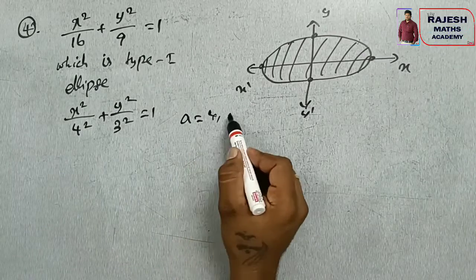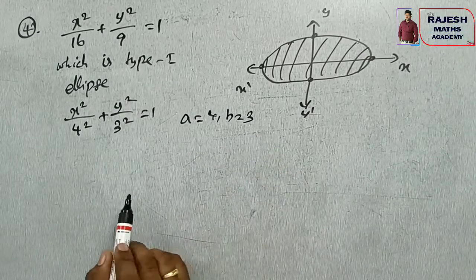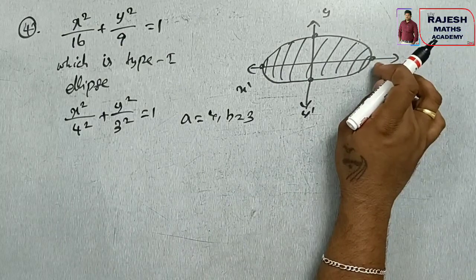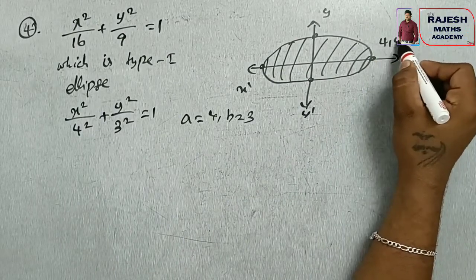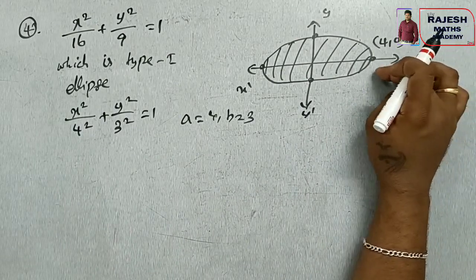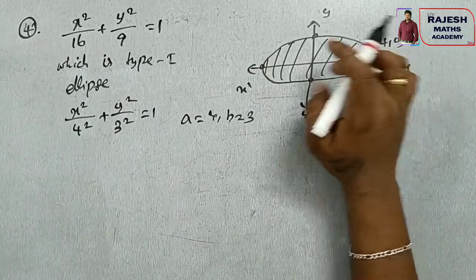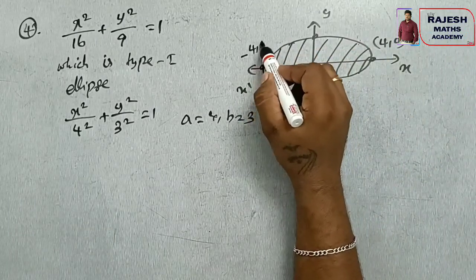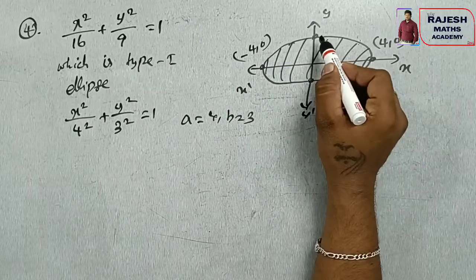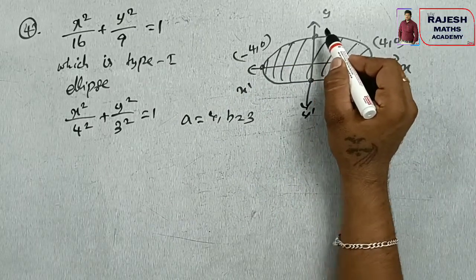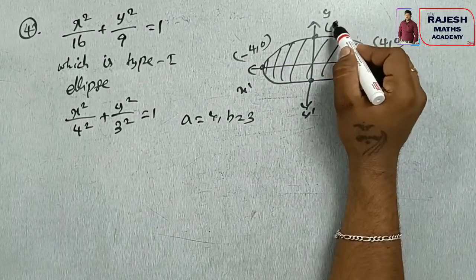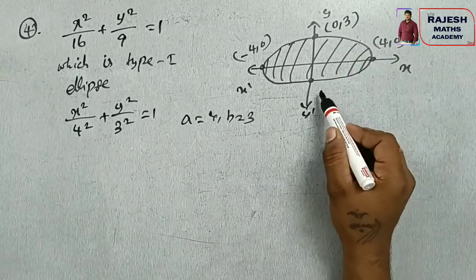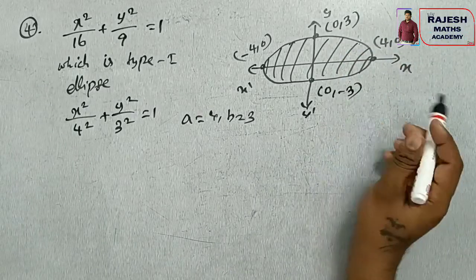A equal to 4, b equal to 3. So this point will be 4 comma 0. This is the vertex, a and a dash are vertices, so 4 comma 0. This side will be minus 4 comma 0. Here are the endpoints of the minor axis. What is that? 0 comma 3. Here it will be 0 comma minus 3.